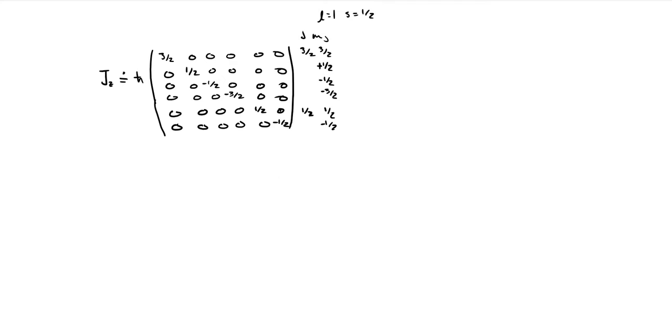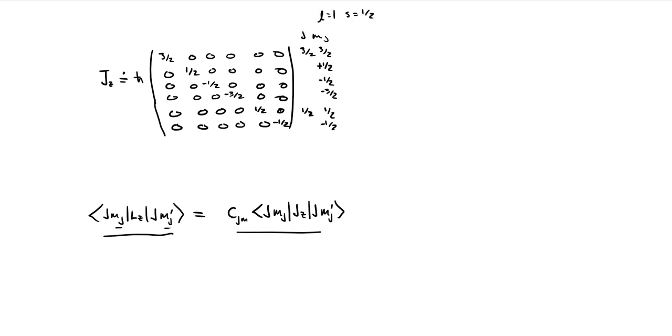So what we have is that the matrix elements <J, m_J| L_z |J, m_J'>, for all the different m_J in that subspace, are equal to the J_z matrix elements times some proportionality constant that relates the matrix elements of our L_z operator to our J_z operator.